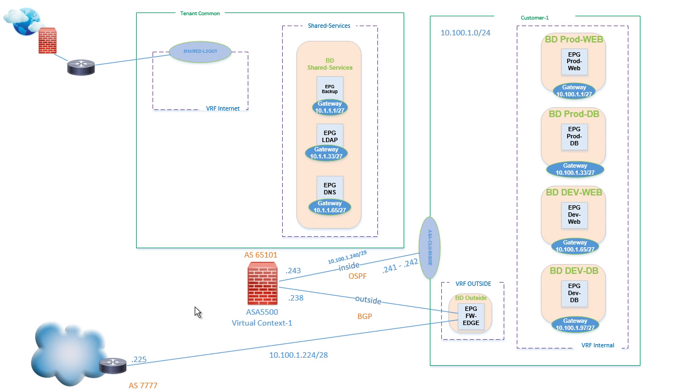Okay, now we're going to need loopbacks for each leaf switch for OSPF. So let's keep it to the 10.100. Let's do 10.100.1.254 and 10.100.1.253. Those are going to be our loopbacks that we're going to set on the leaf switches for OSPF.